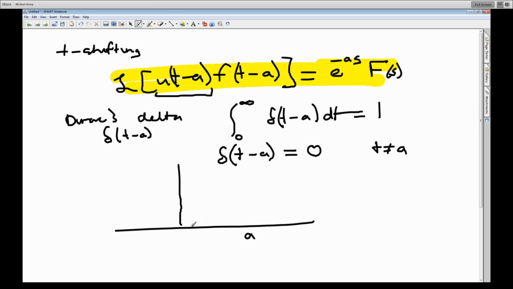So outside of A, the function is 0. At A itself, it's got to contain a lot of area. It's got to contain a unit of 1 area, all in one little place. So essentially, the Dirac delta function corresponds to a big, massive spike. I can draw the whole thing up, if I can draw a straight line on the screen. So it's a big, massive spike at T equals A, essentially.